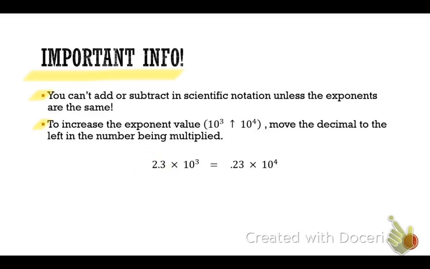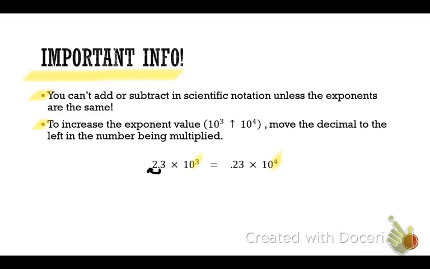I'm going to give you a chance to finish writing that down, and then I'll explain what's happening in this example. In the first number written in scientific notation, we have 2.3 times 10 to the 3rd. If I need to raise my exponent from the 3rd power to the 4th power, my rule says I can move my decimal to the left however many places the exponent increases.